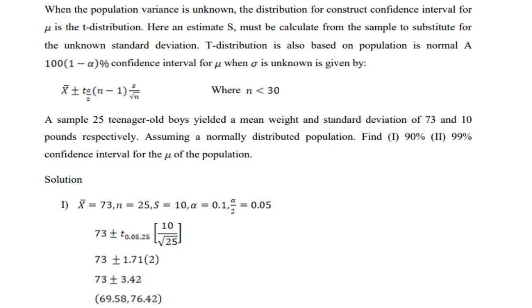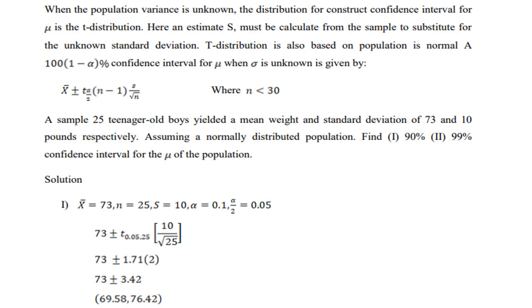So when the population variance is unknown, the distribution used for constructing confidence interval for mu is the T distribution. Please take note of it. When the population variance is unknown, the distribution that we use for constructing confidence interval for mu is the T distribution.